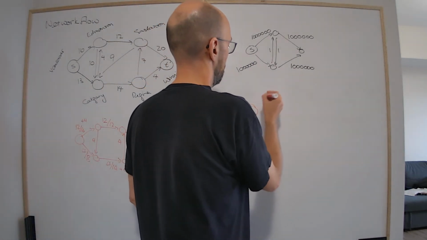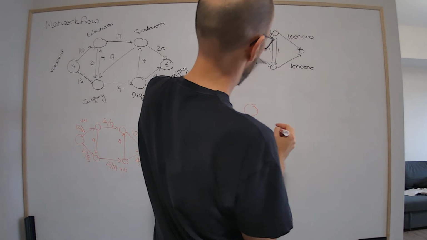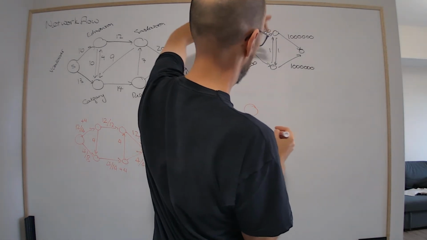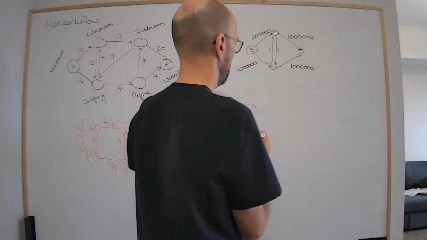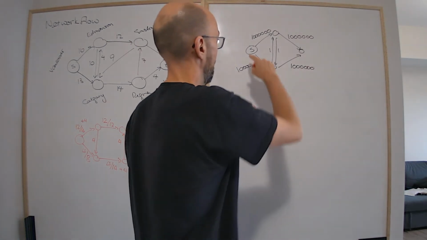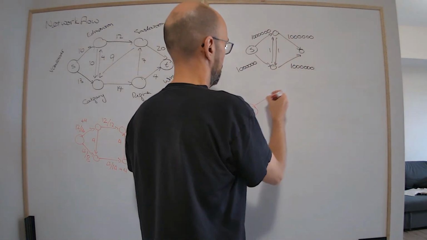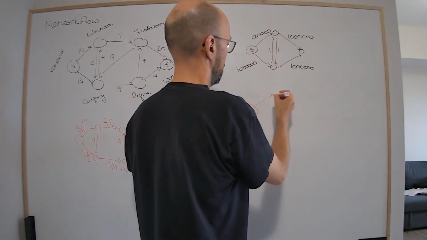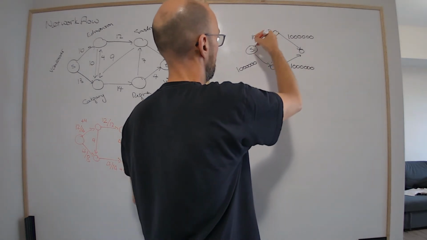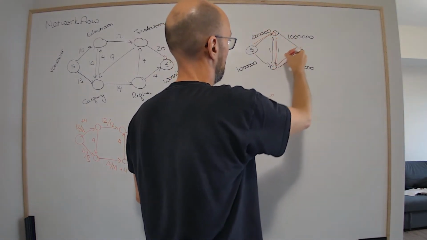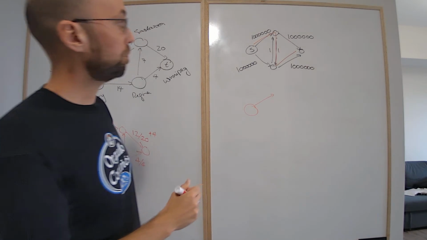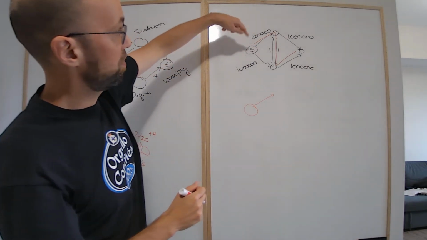So you build the residual graph, which is actually this. And then you say, okay, I find a path. I'm going to put 1, so that the path I find is this. Which is silly.